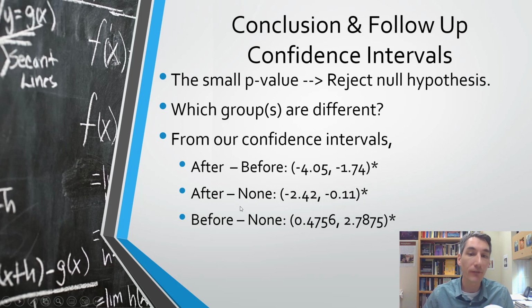We're 95% confident that on average, people who see the picture before will have 0.5 to 2.8 points of recollection higher than the average of those who never saw the picture. That's the kind of sentence we're looking to construct when we interpret these confidence intervals.